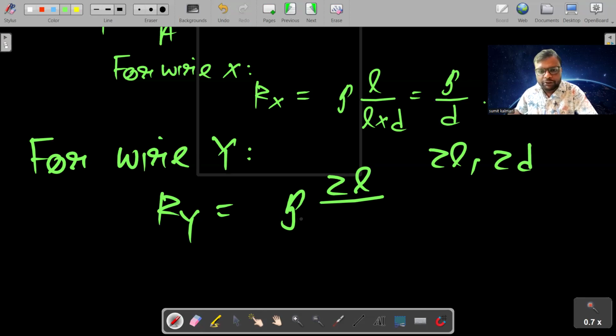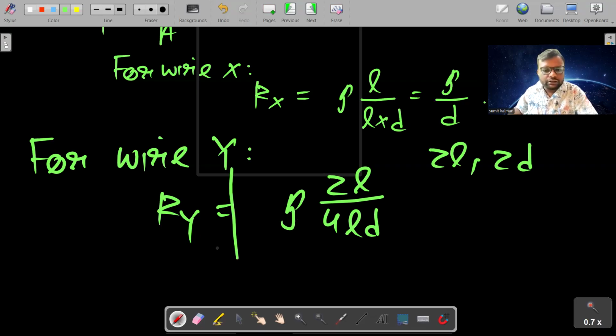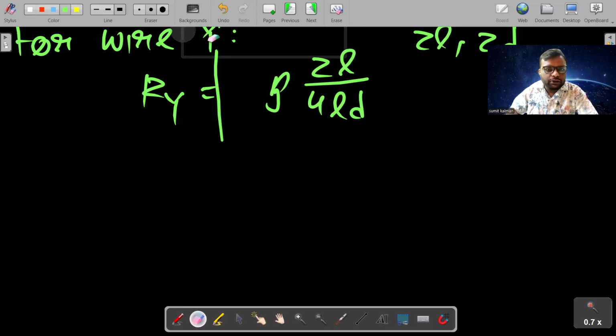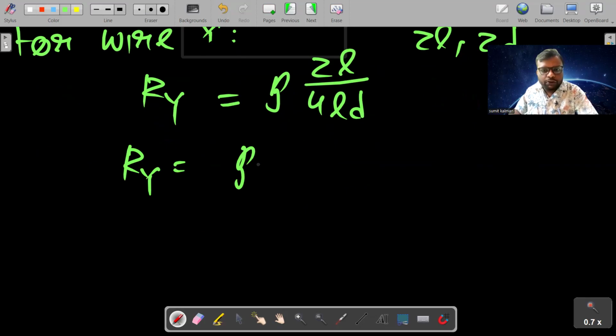So area of cross section will be 4L into D. So here, resistance of wire Y will become rho into 2L upon 4LD, and then L and L will cancel out. So you will get rho upon 2D.